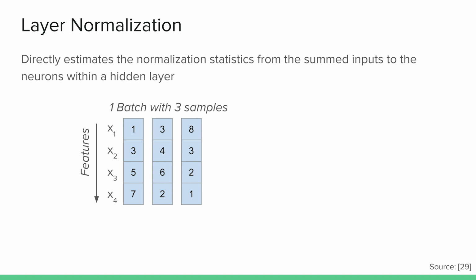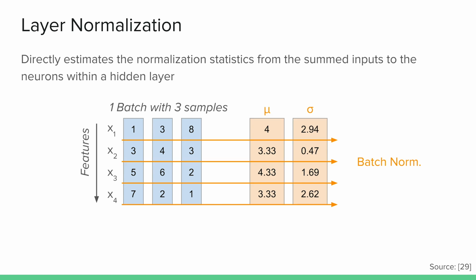If we have a batch with 3 samples here, and those are our input features, x1 through x4, then what batch normalization would do is it would calculate the statistics, the mean and the variance for each feature. So here across the features x1, 2, 3, and 4. But as you can imagine, this is now sensitive to the size of our batches.